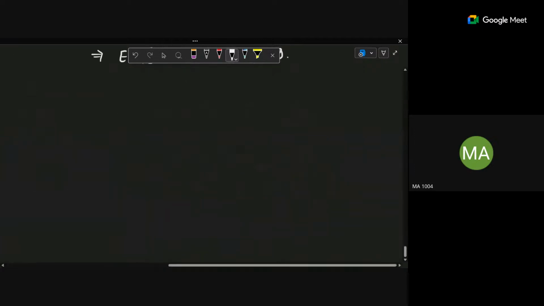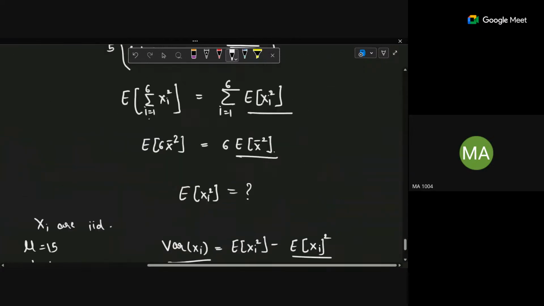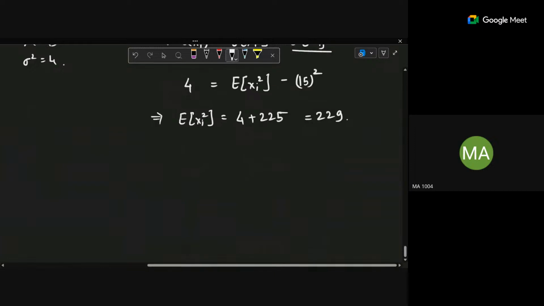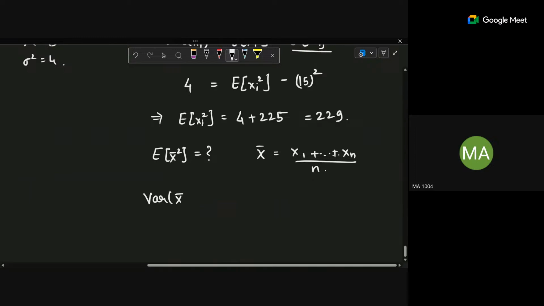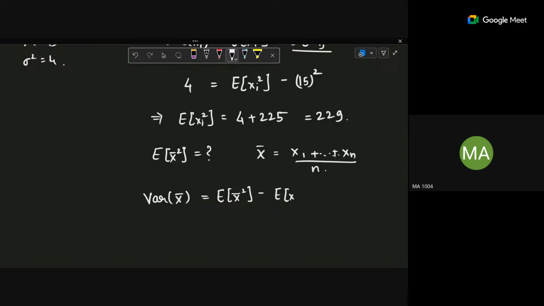Okay. So let's see what expectation of x bar square is. How do you calculate expectation of x bar square? Again, x bar is also a random variable, x1 to xn divided by n. If I ask you the formula for variance of x bar, it is the same: expectation of x bar square minus expectation of x bar the whole square.